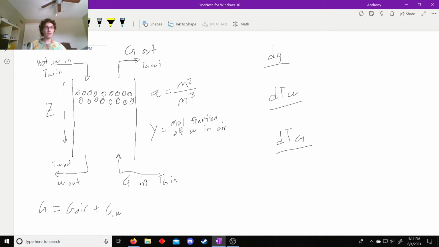So this is z equals 0 up here, and this will be z down here. So this is going to be changes in mole fraction and temperatures per change in z.